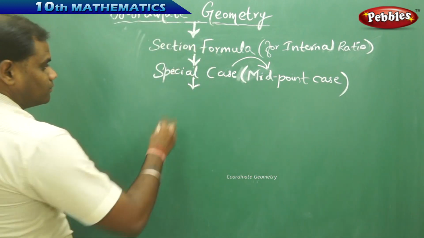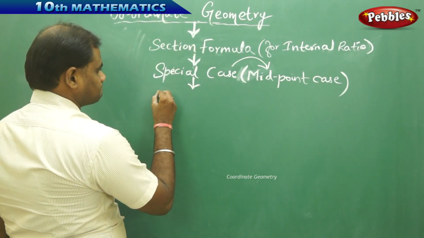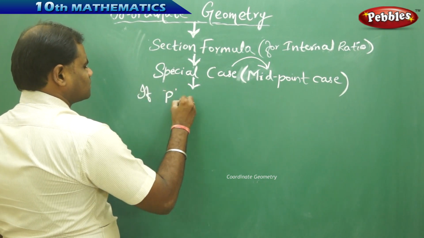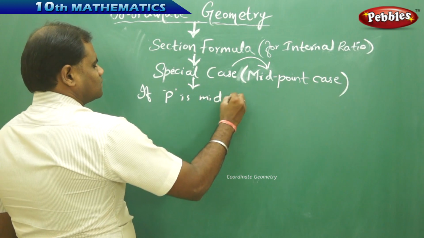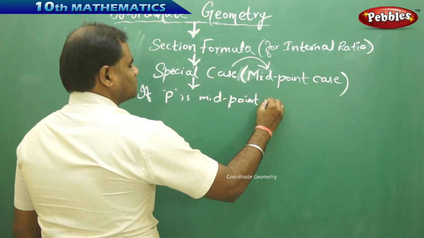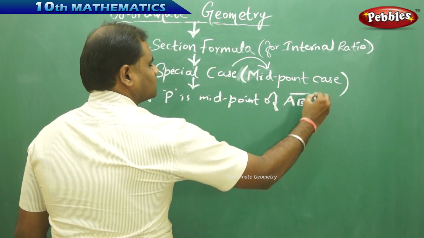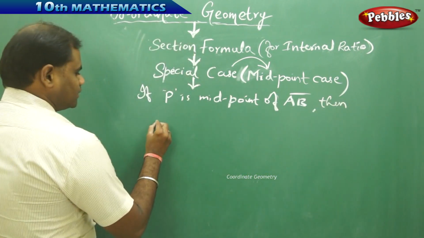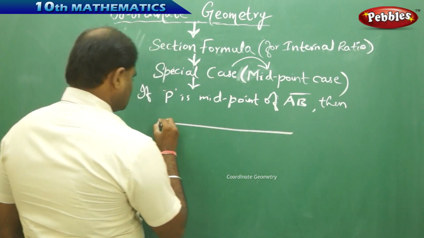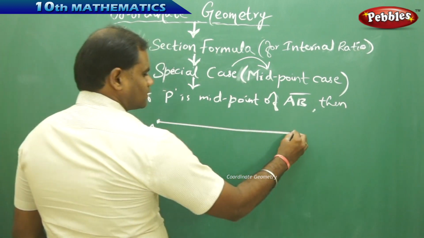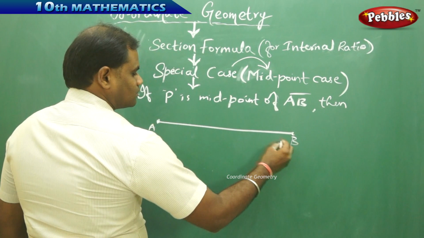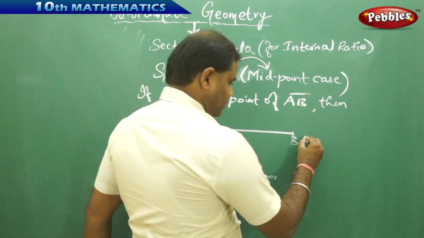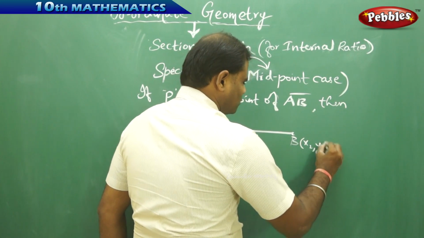To restart with the midpoint case, if P is the midpoint of AB, then we have the coordinates of A fixed as x1, y1, and the coordinates of B fixed as x2, y2.